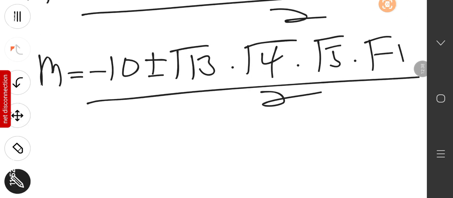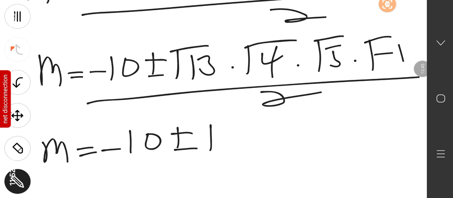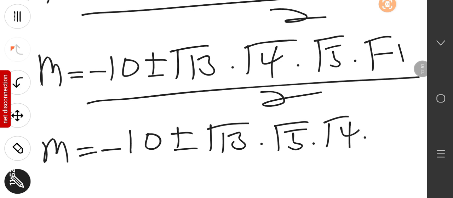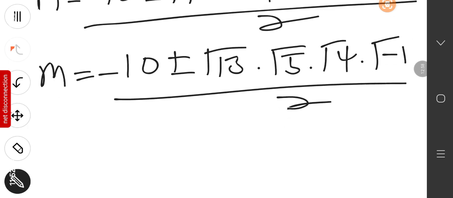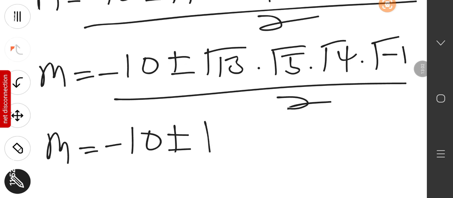All right, so we can do this. We can say m equals minus 10 plus or minus, now the square root of 13 can be here, the square root of 5 can be here, the square root of 4 can be here, and the square root of minus 1 can be here, all over 2. All right, so you're going to have m equals minus 10 plus or minus the square root of 13 times root 5, and the square root of 4 is 2.